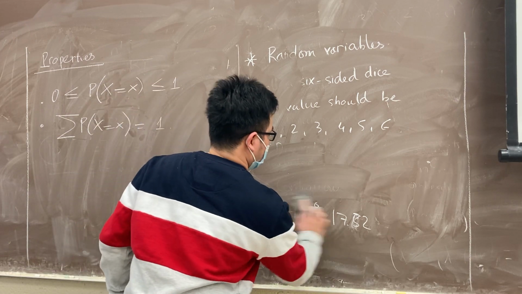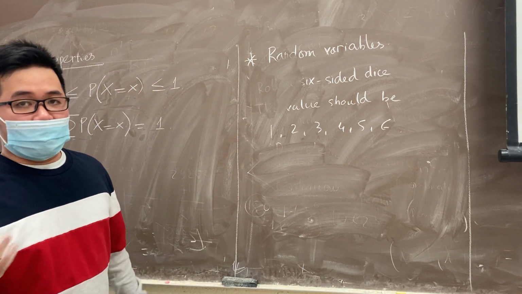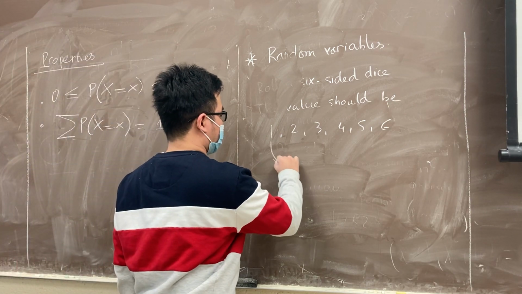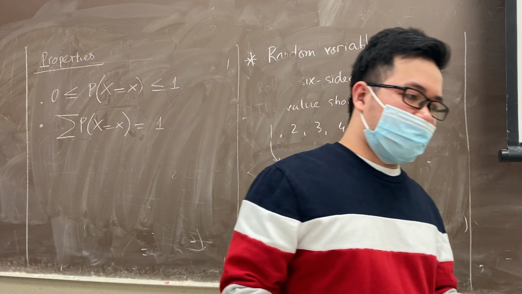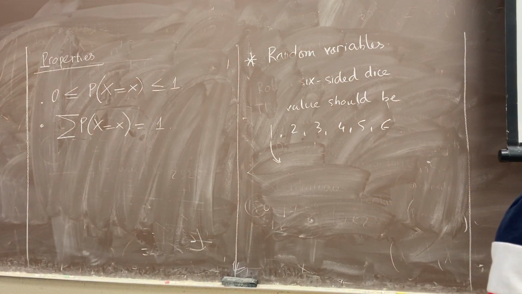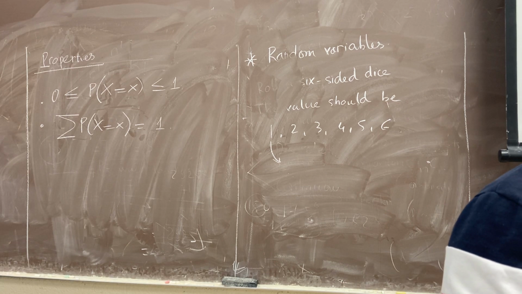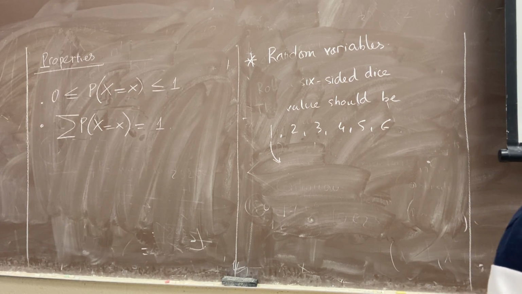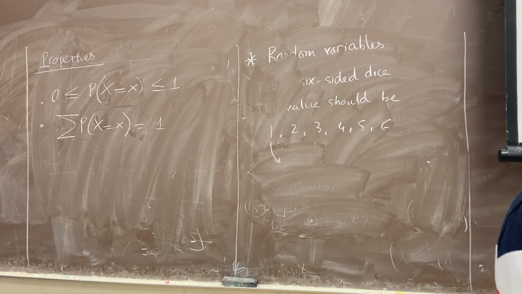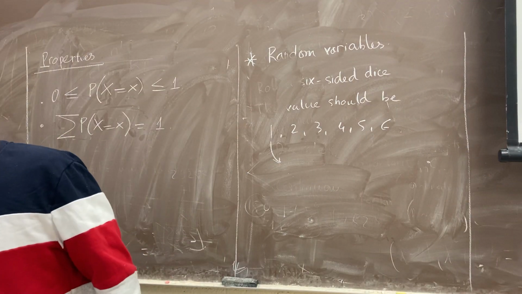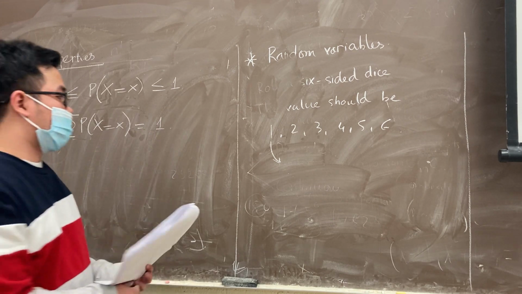So what is the probability I get the value 1? We have 6 values and I want to get value 1. Could you tell me the chance, or the probability, to get 1? 1 out of 6, yeah, exactly. 1 over 6.